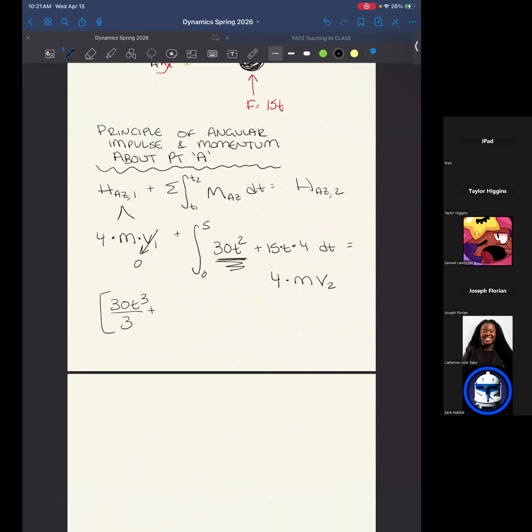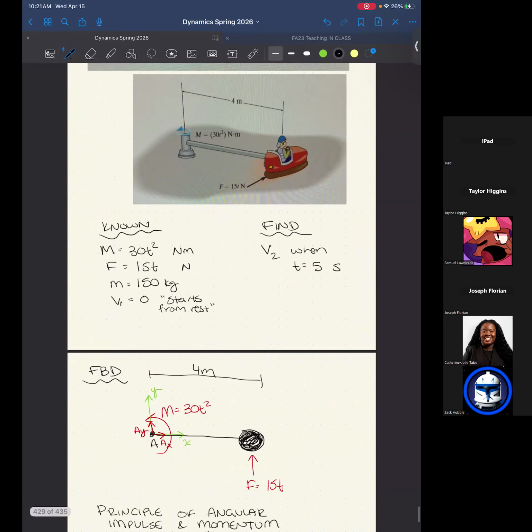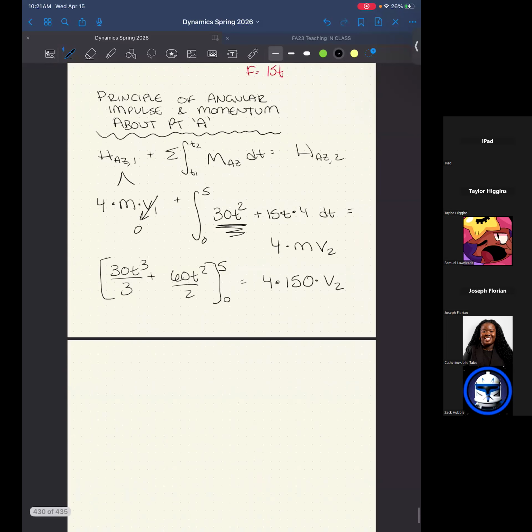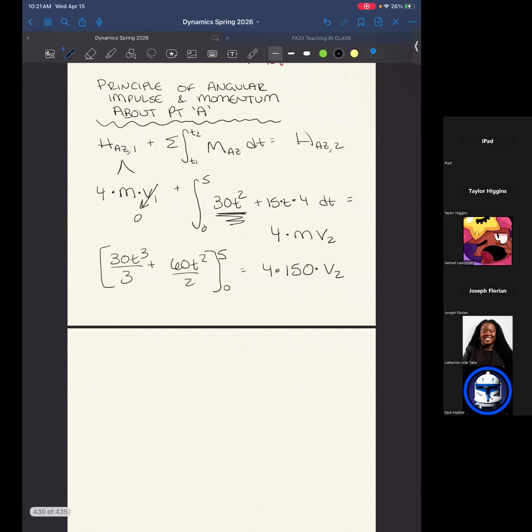Yeah, 60t squared over 2 evaluated from 0 to 5 equals, what's my mass? 150. Okay. So I won't go through all of it, but absolutely the correct answer is 3.33 repeating meters per second.